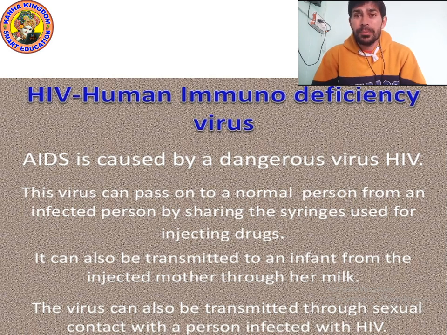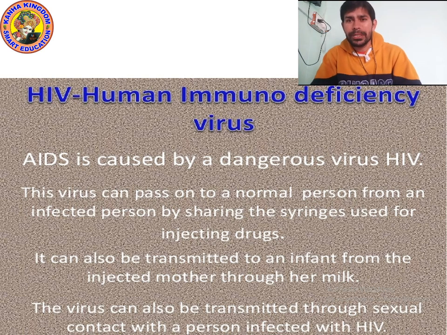Suppose you have a fever and you go to the doctor, and the doctor injects the drug through an injection. Then if the same injection is used for another patient, it may cause the AIDS disease.